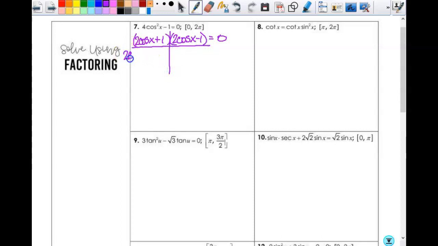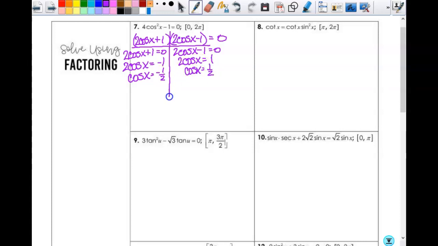And we know that 2 cosine x plus 1 could equal 0, or 2 cosine x minus 1 could equal 0. So 2 cosine x equals negative 1. Cosine x equals negative 1/2. And then over here, 2 cosine x equals 1. So cosine x equals 1/2.